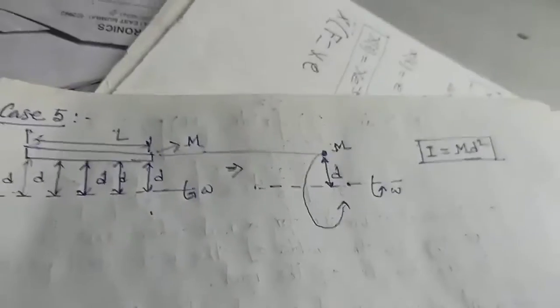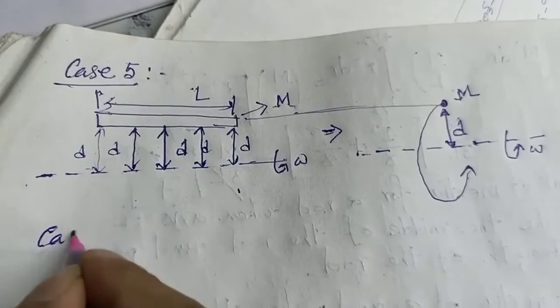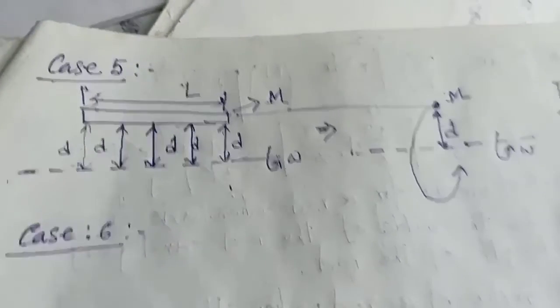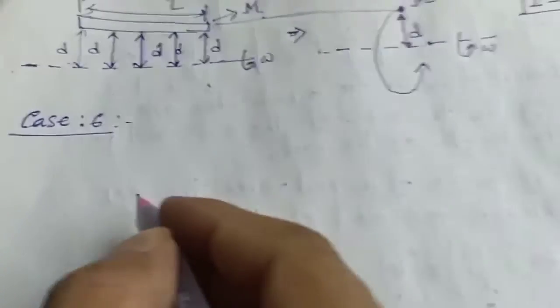Now see what will happen if the rod is aligned at an angular position. Now it is case 6. For case 6, the diagram looks like this.